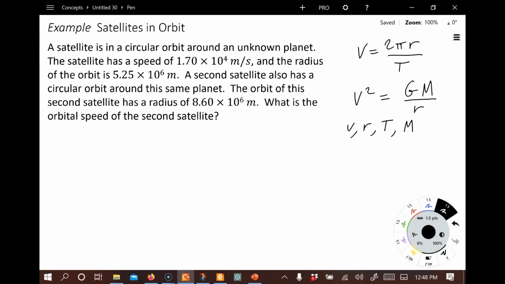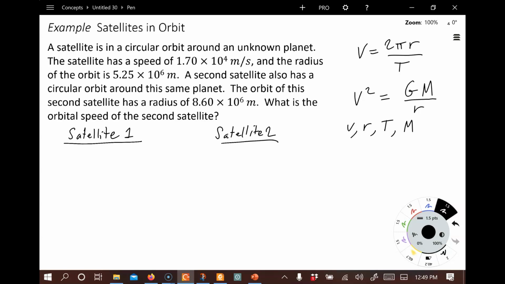In this problem, we actually have two satellites orbiting the same central mass. And so I'm going to go ahead and set this up by writing satellite 1 here. And I'll make a separate column for satellite 2.